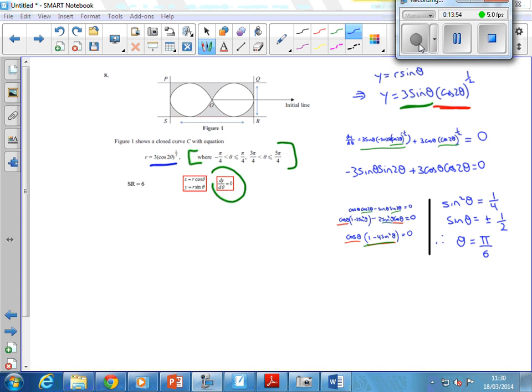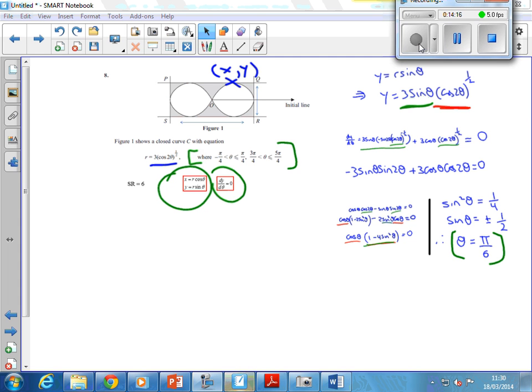So we're almost there, because to work out the y coordinate of the point on the curve where the tangent is parallel to the initial line, we have the value of theta where that takes place, pi by 6. So now, using this condition, we know that y is equal to r sine theta.